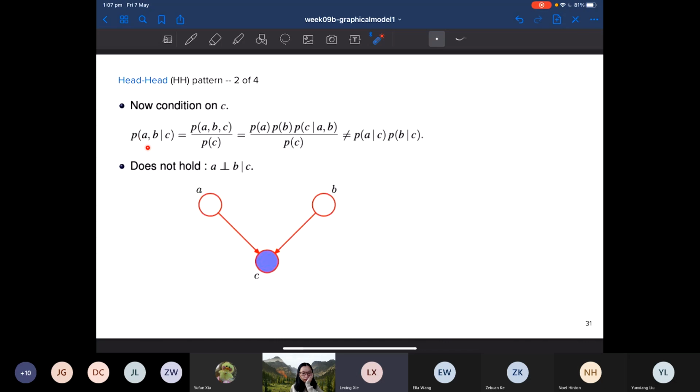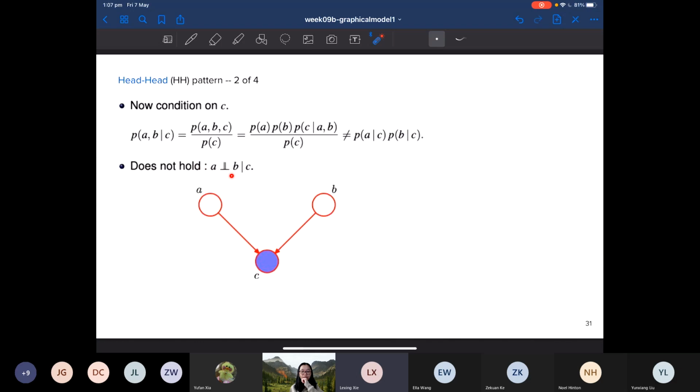So we condition the joint of A and B on C, and plug in the expression for the joint probability. We now arrive at this. Right, if they were independent, the expression should be equal to A conditioned on C times B conditioned on C, but we cannot get that.